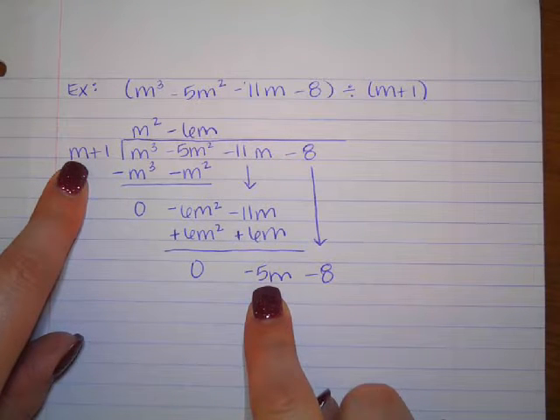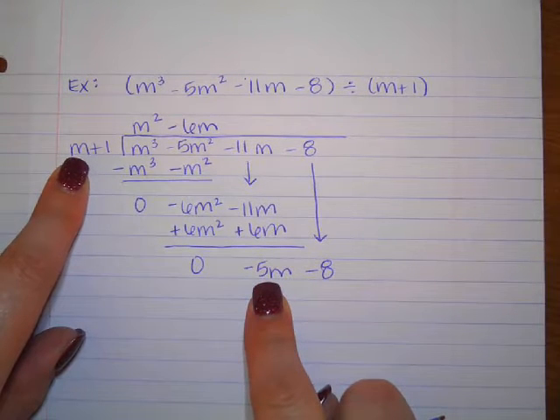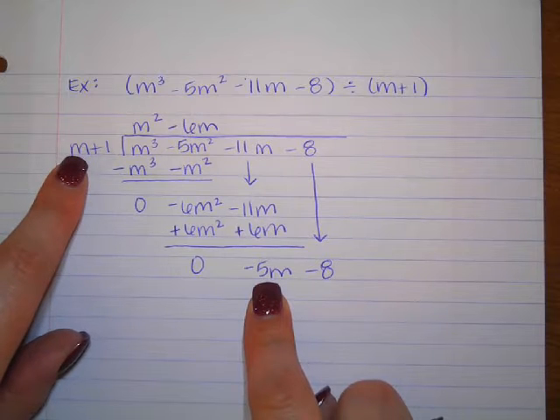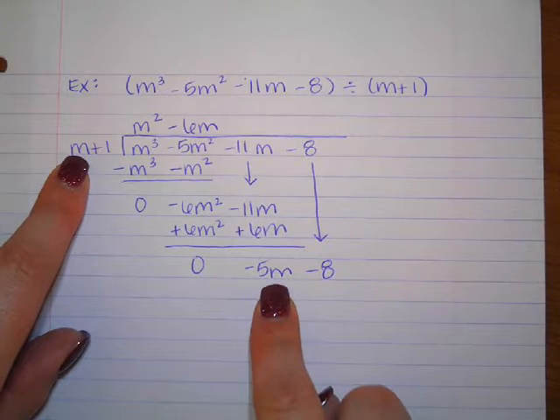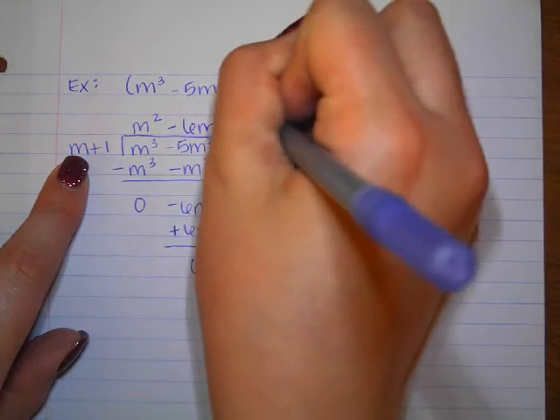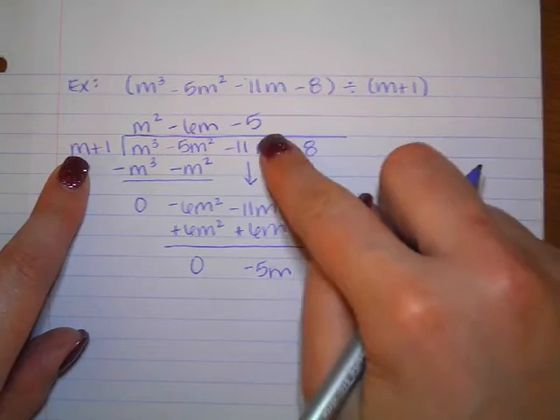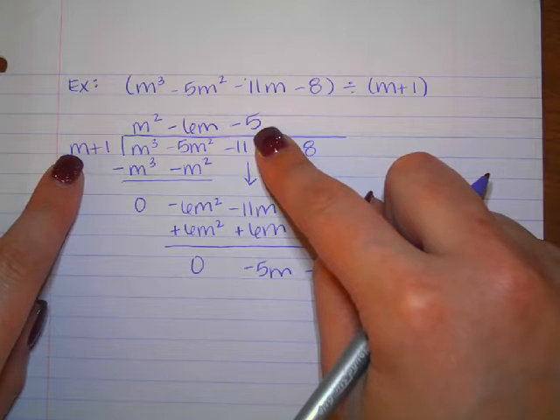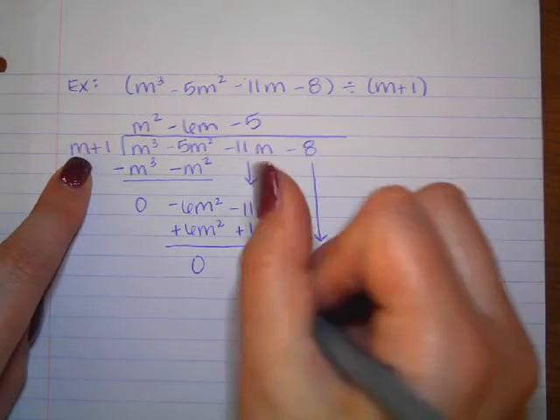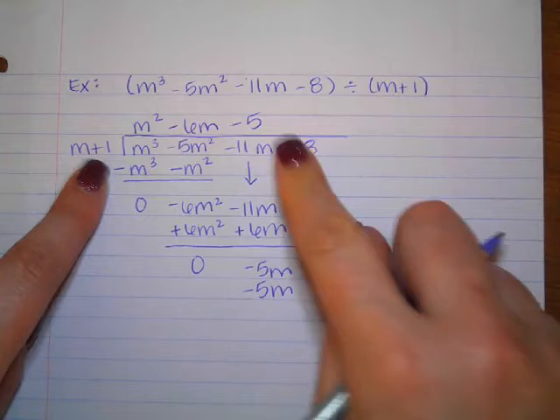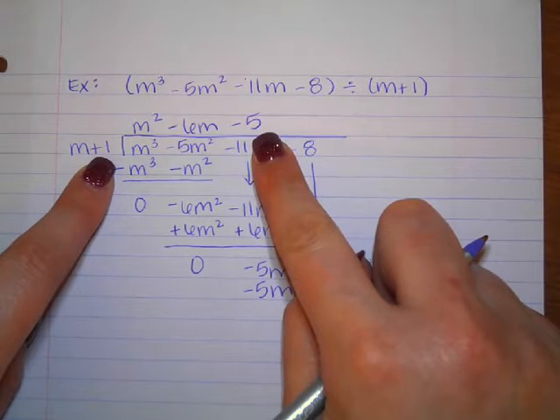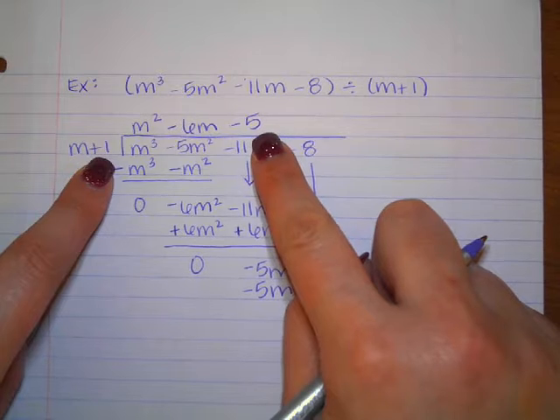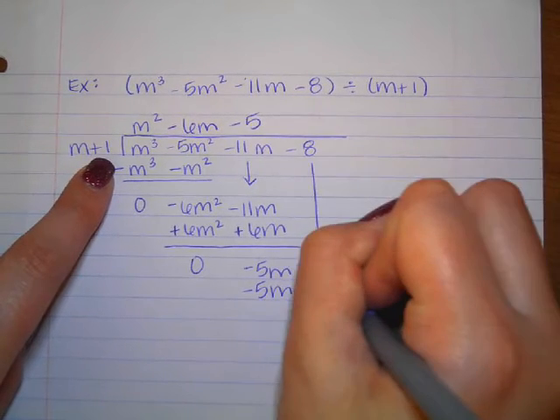All right, and then what goes on the top this time? Negative 5. So I say m multiplied by what is negative 5m? It's negative 5. And then I take the negative 5 on the top and I do what? Multiply it by the stuff in the front. So I get negative 5m minus 5.